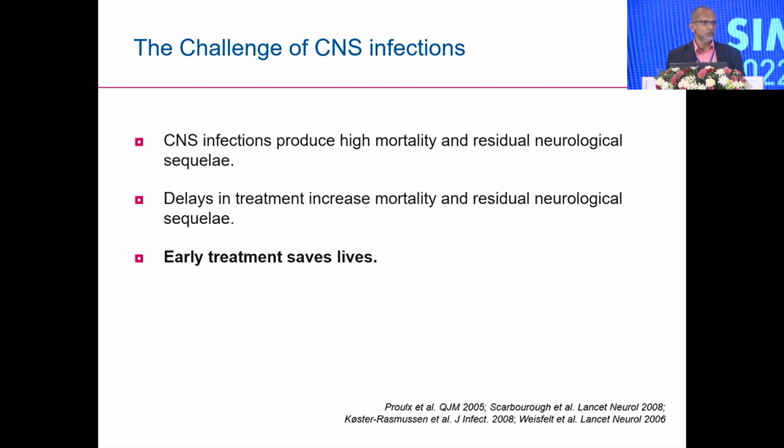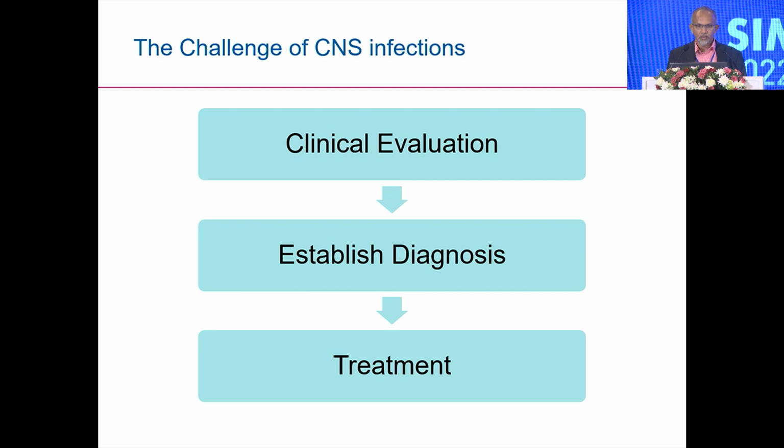So we need to start treatment early to save lives and minimize the deaths and disability. So how do we do that? Because time is so precious in the management of CNS infection, we simply do not have the luxury of doing a staged clinical assessment, then the investigations to come to a diagnosis, and then thinking of what we are going to do in terms of management.